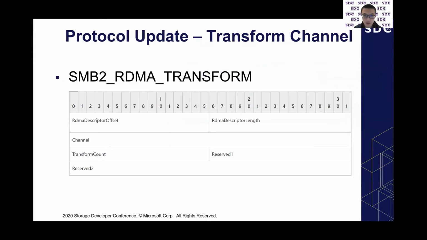So let's look at what's in the SMB2 RDMA transform. First we have RDMA descriptor offset, length, and channel. If you're familiar with the SMB2 protocol, you might recall that these are actually also present in the write request. So you might wonder why this is also needed here.